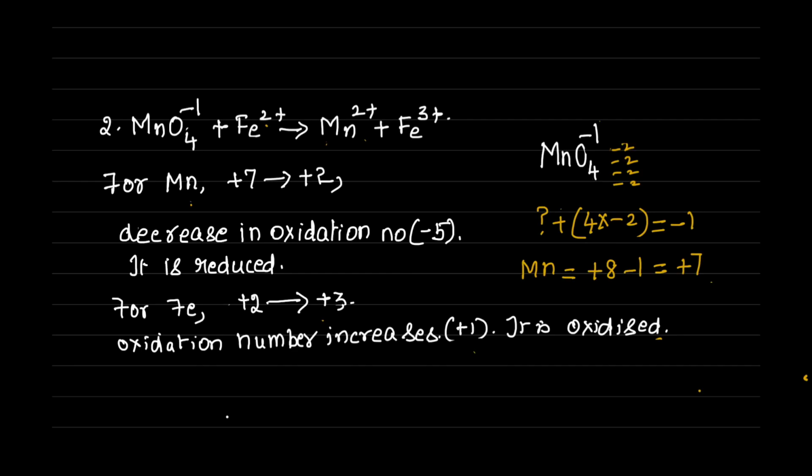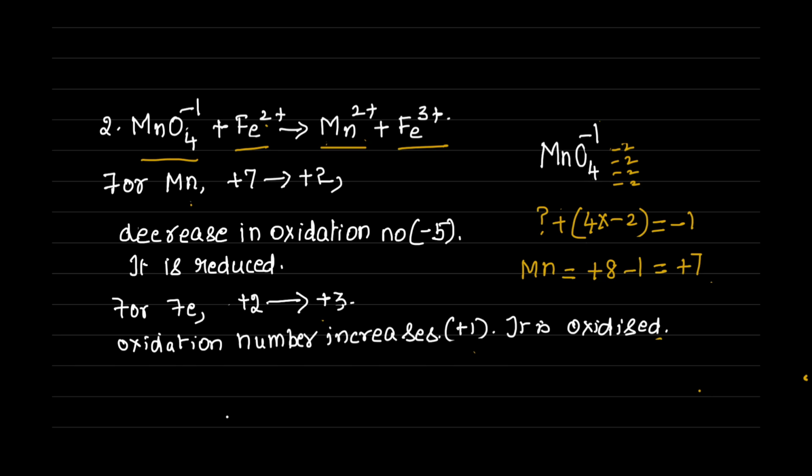The second unbalanced equation shows that permanganate ion MnO4-1 gives rise to manganese ion Mn2+, and ferrous ion Fe2+ gives rise to ferric ion Fe3+. Let us calculate the oxidation number of manganese on the reactant side.